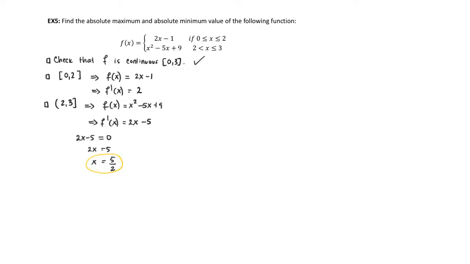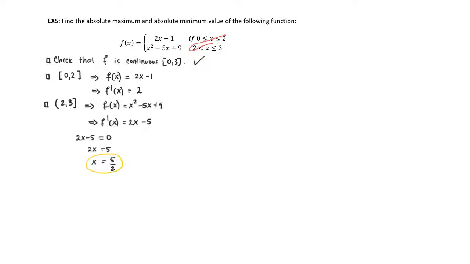Now I have to figure out if my function is not differentiable somewhere in the interval 0 to 3. Well, it is always differentiable in the first interval. It is always differentiable in the second interval. So if there is a potential danger for this function not to be differentiable, it will happen at 2, that transition point.